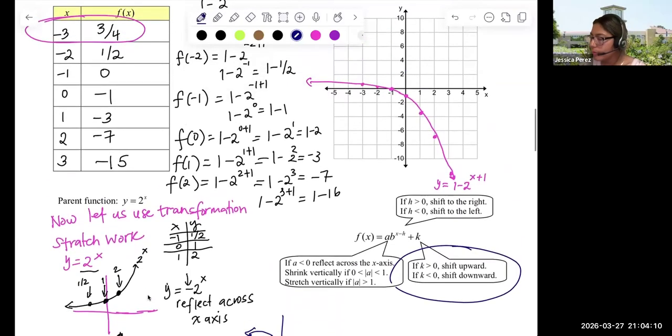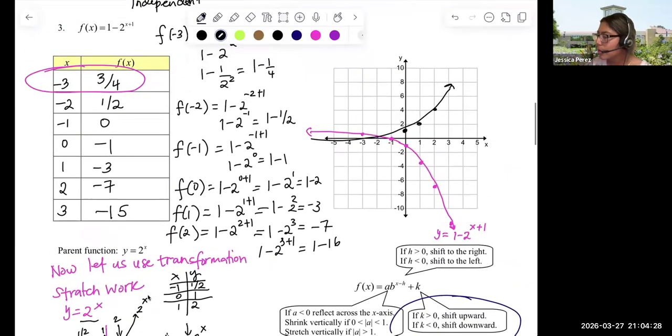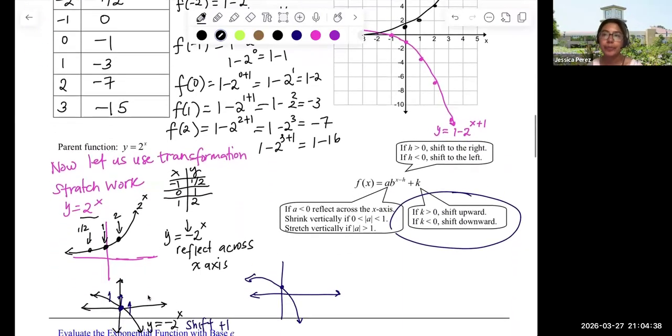The original 2 to the x, you have 1, 2, and then 4. So this behavior is 2 to the x. But you have a reflection across the x-axis because of the negative, and then upward 1 unit because of the +1.